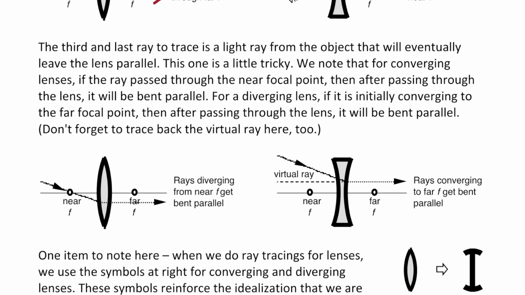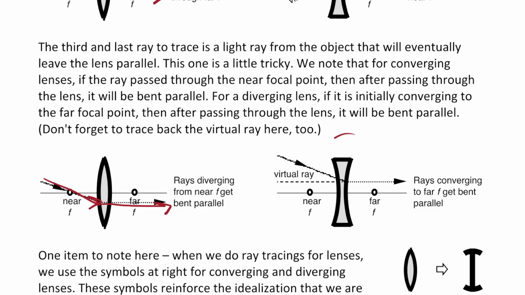The last principal ray is tracing a light ray from the object that will eventually leave the lens parallel. For a converging lens, if we pass through the focal point, we'll end up leaving parallel. That would be the third principal ray.